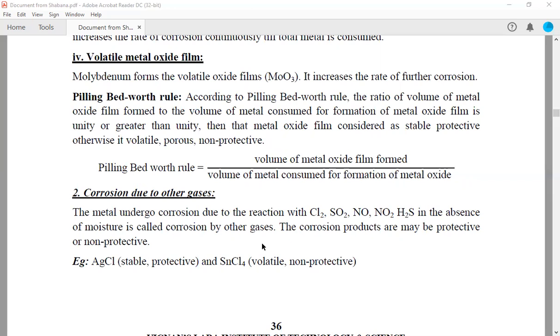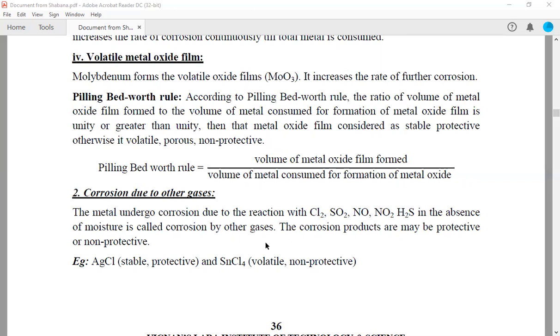For example, if the corrosion film formed has more volume than the underlying metal, it is strongly adherent, non-porous, and does not allow the corrosive gas to reach the underlying metal.